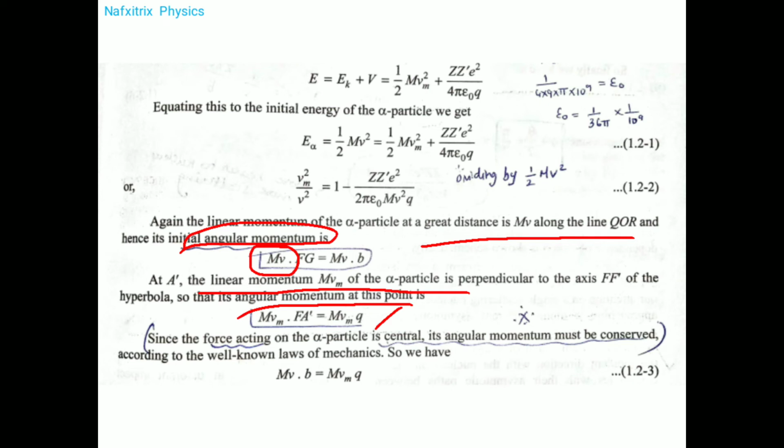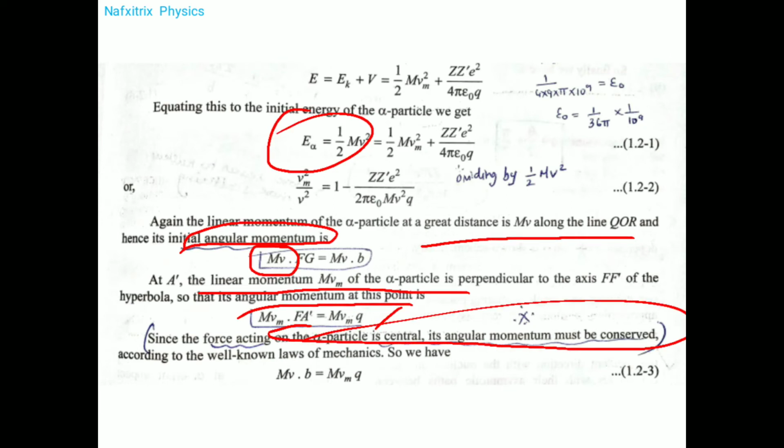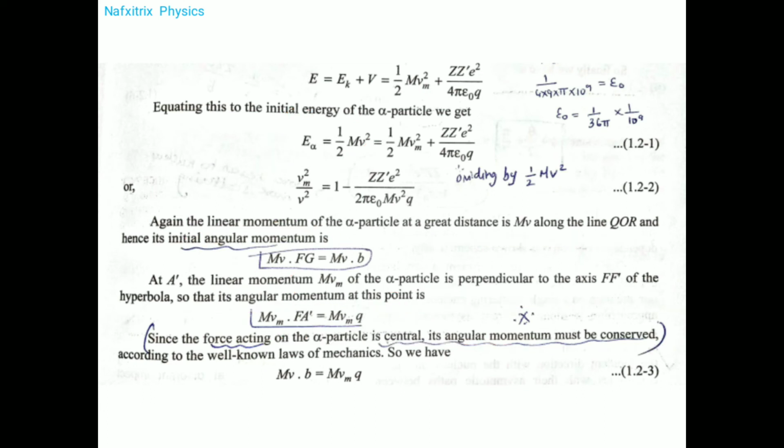And we know that just as the energy is conserved in a central force, angular momentum is also conserved. So the initial angular momentum must be equal to the final angular momentum at some particular point. So equating these two equations, we would get this.